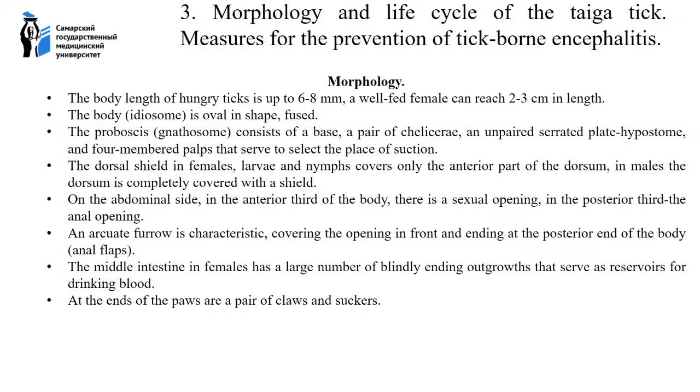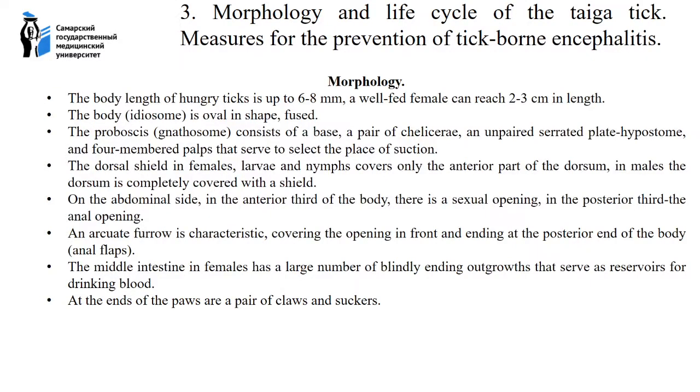The body idiosoma is oval in shape and fused. The proboscis, or gnathosoma, consists of a base, a pair of chelicerae, an unpaired serrated plate, the hypostome, and 4-segmented palps that serve to select the place of suction.